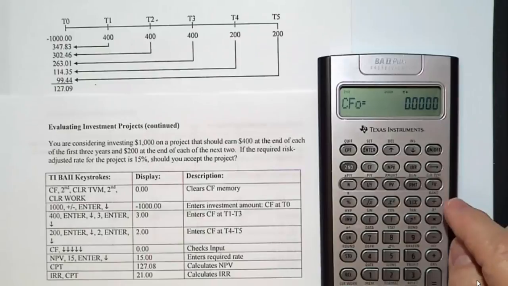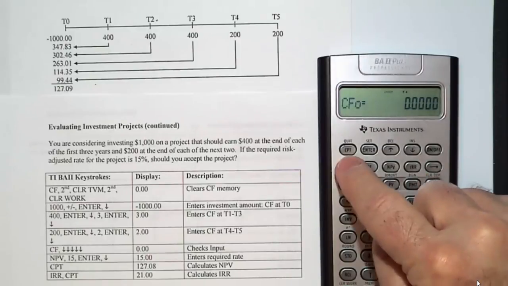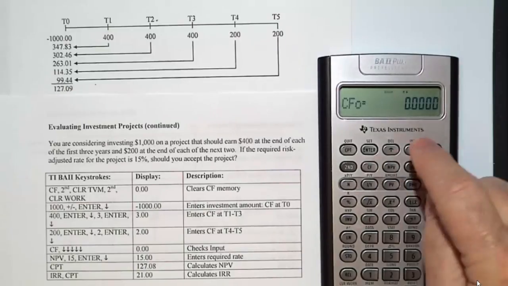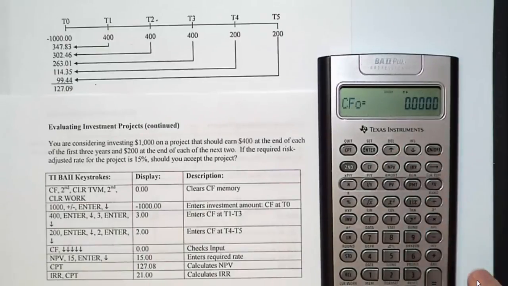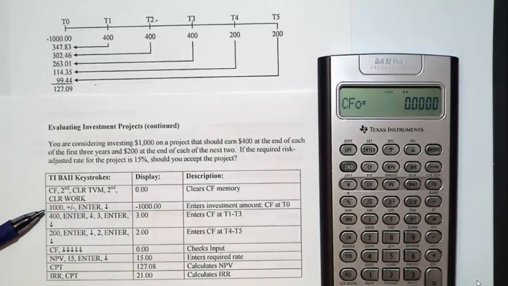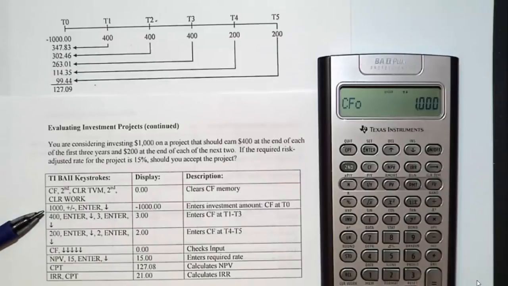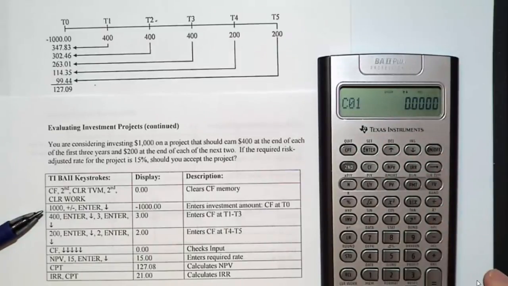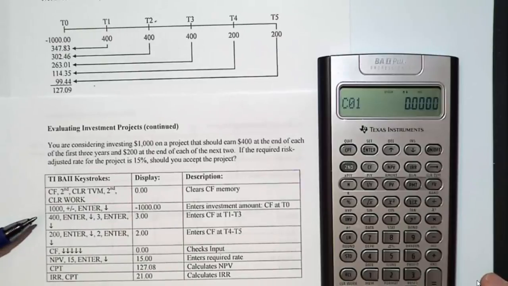Second, clear TVM, second clear work, clear again, and I'm going to go back into cash flows just to check, and I see there are no cash flows in there. I'm going to start putting in my cash flows, and the cash flow at time 0 is 1,000, and that's an outflow, so I'm going to put negative, enter, down, and now it wants the next cash flow.